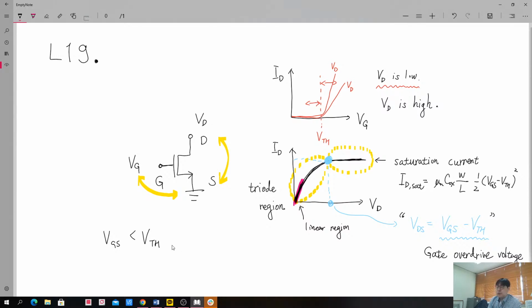Of course, you know that ID is not exactly zero. If we find the real value, ID would be slightly larger than zero. However, this amount of ID is much smaller than the ID considered on the right hand side, so we just neglect this small amount of current conduction.